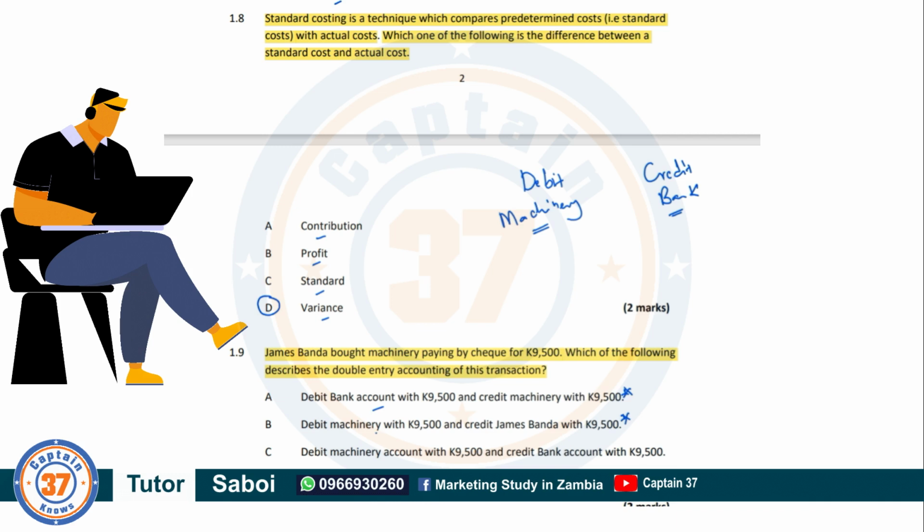That's what's going to satisfy this particular answer. So it is not A, it is not B. C, debit machinery account with the amount and credit bank account with this amount. Yes, this is it. You debit machinery account, and also you credit bank account. The answer to this particular question is C.